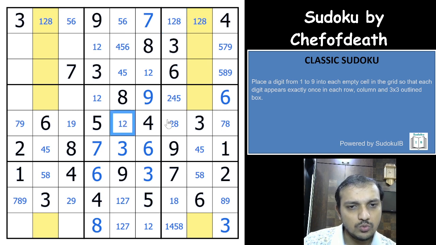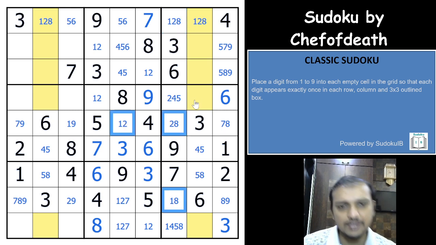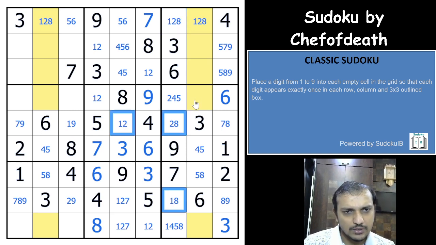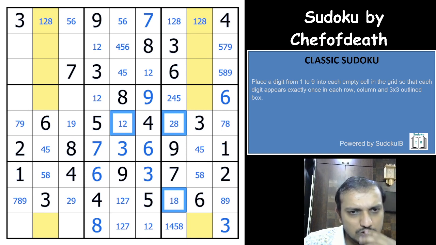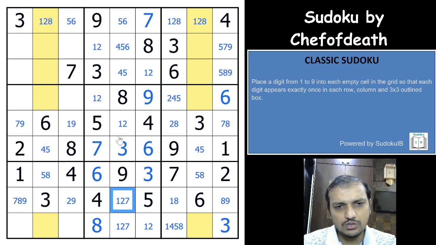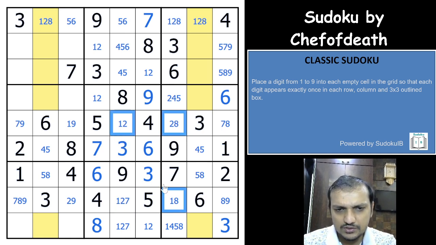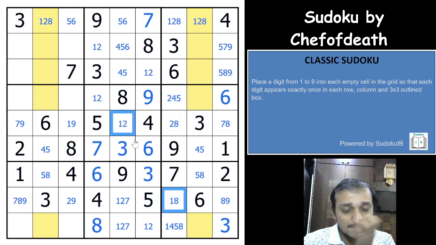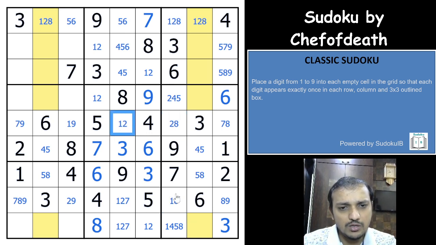Oh, 1, 2, 2, 8, 1, 8. Guys, that's a Y-wing. This Sudoku has a Y-wing. Wow. So 1, 2, 2, 8 and 1, 8. So this cell cannot be a 1. So AB, AC and BC. The cells that are not seeing each other, there are two cells that don't see each other, AB and BC.